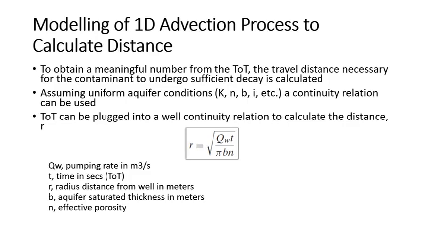So for example, if you are looking to construct a factory near a well, we take a contaminant from the factory and then calculate the time that the contaminant will take to decay into safe levels.